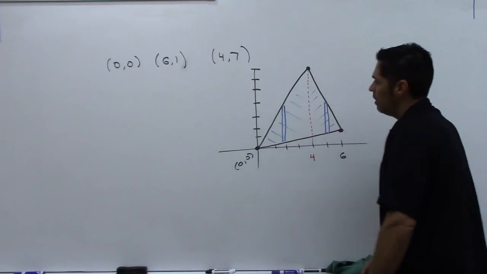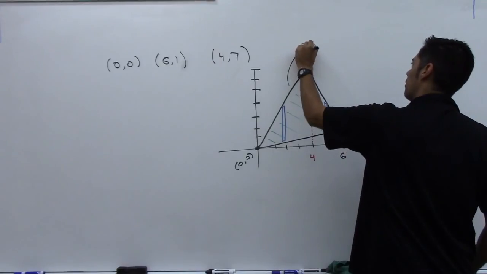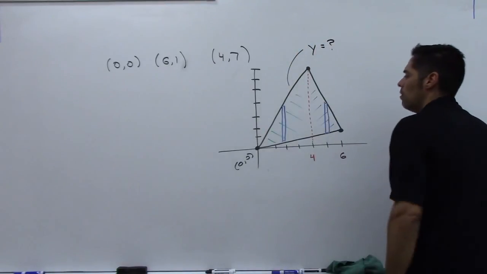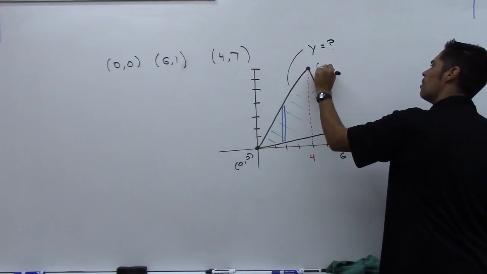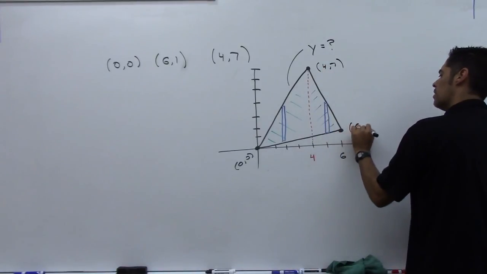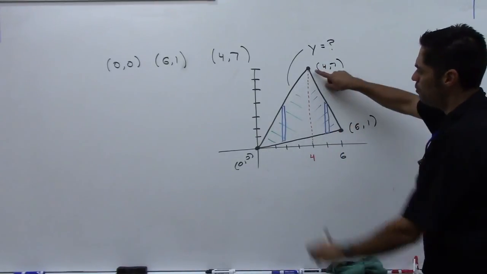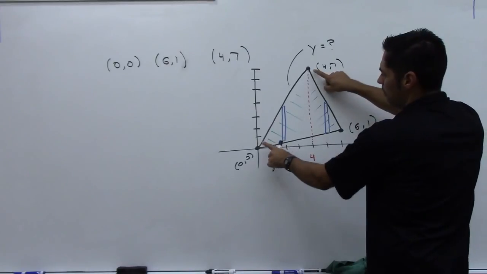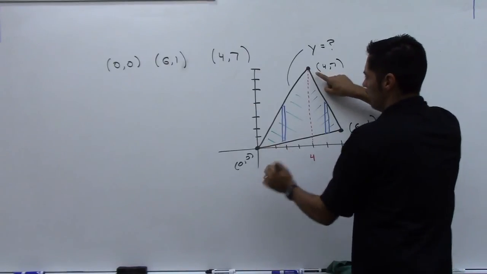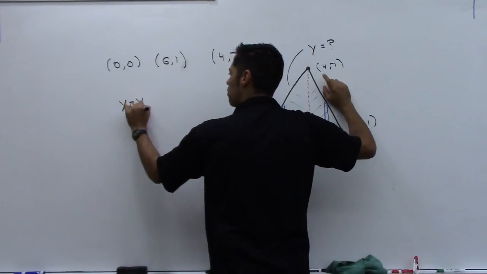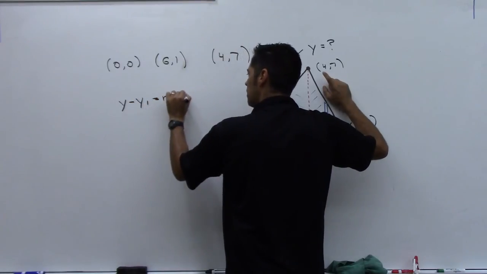So let's first try and find the equation of this line. Y equals what? Well, if I have 2 points, (0, 0) and (4, 7), then I can find the equation of the line between the 2 points. I use this formula, y minus y1 equals m times x minus x1.